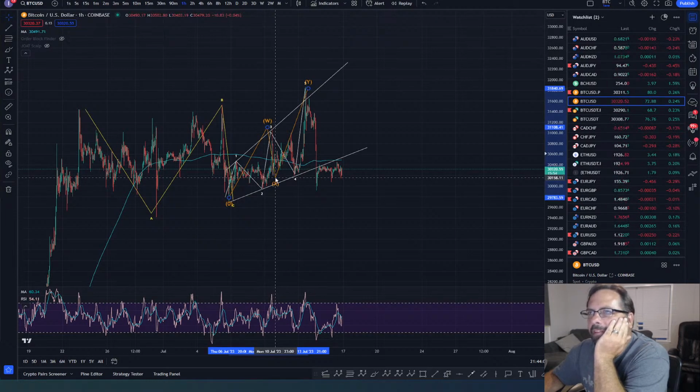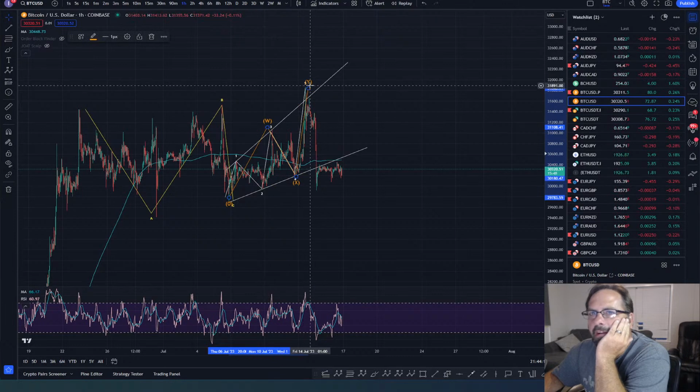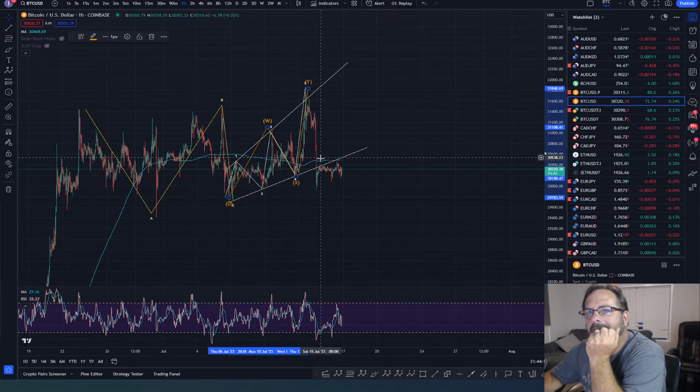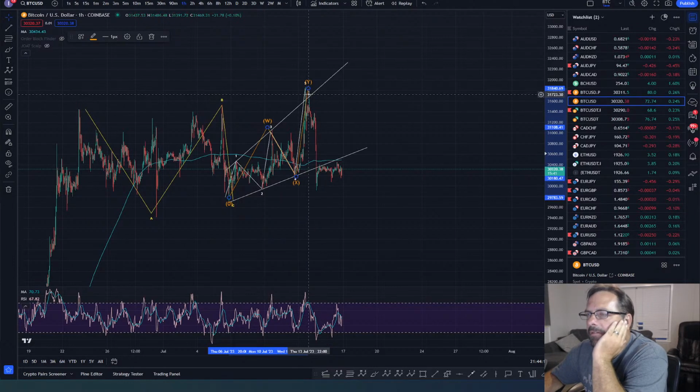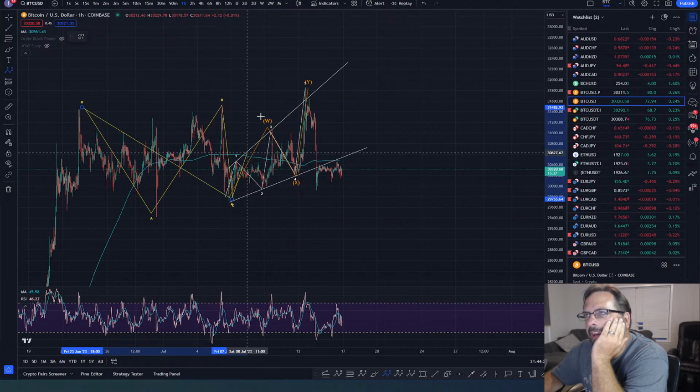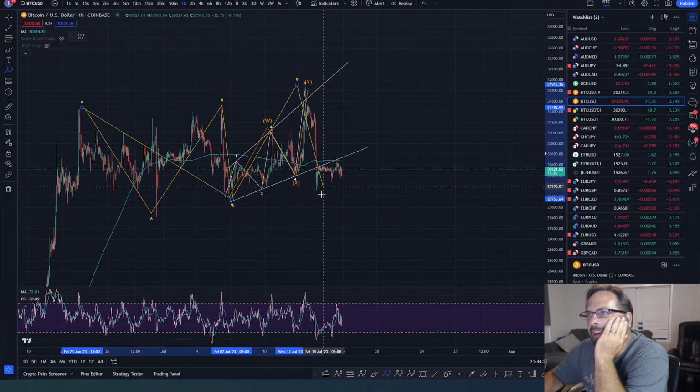But if that's some kind of a three-wave move, it's ugly as crap. Maybe I can put it there, and maybe that's some kind of weird count there for 3. You could have some kind of a B, and C isn't finished, maybe.